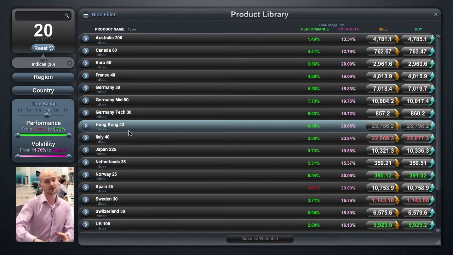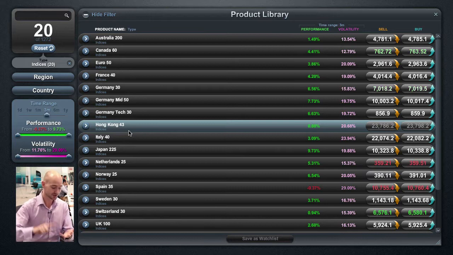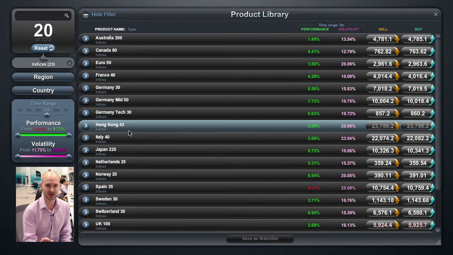For example, instead of having to pick up a whole basket of stocks and shares if you want to gain exposure to the American market, you could just do a trade on the US 30, and that would give you all your exposure in just one product. Probably our most popular traded instruments are the UK 100, the US 30 and the S&P 500. So make sure you do get a chance to look at that. Many customers trade on the back of fundamentals, but technical analysis and charting, once again, are very important for trading indices.